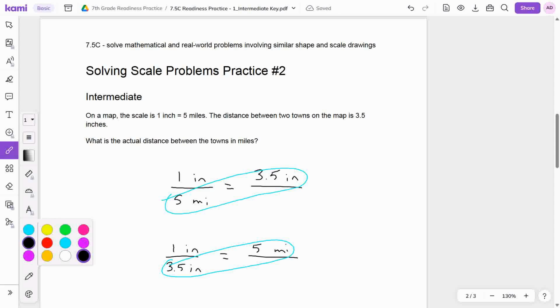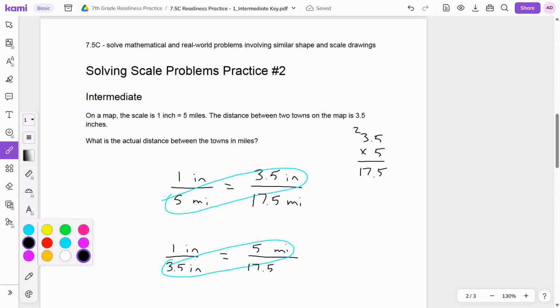And so I'm going to do 3.5 times 5. So you can set the inches on top of the miles, the 1 and the 5, or the inches across from the miles. That's going to be 25, that's going to be 15, 17, so that's going to go right here. That's going to be 17.5 miles, either way you do it.